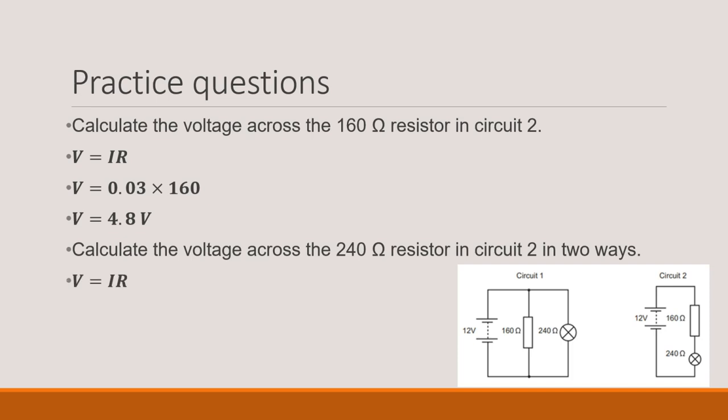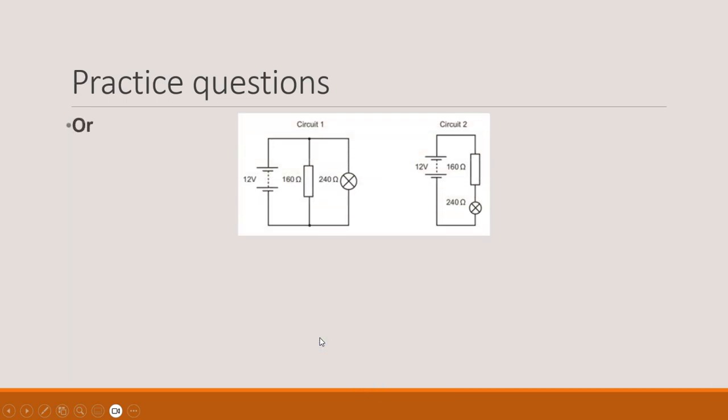So one way of doing it is to apply the same formula, V equals I times R, which is 0.03 times the resistance of the light bulb, which is 240 ohms. And that gives us 7.2 volts. 4.8 plus 7.2 must add up to 12 volts, which it does.